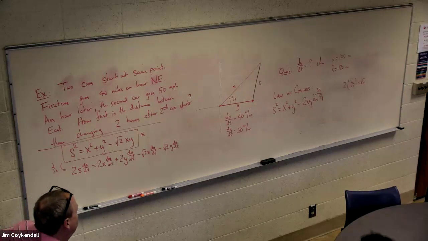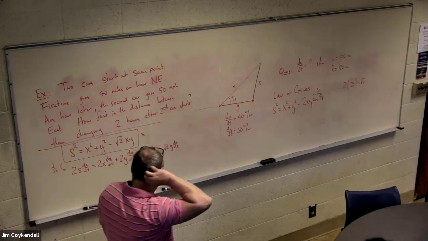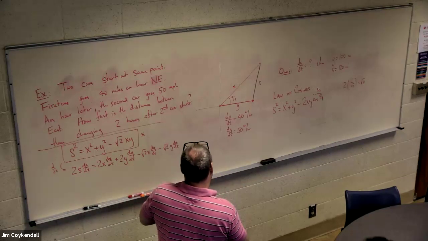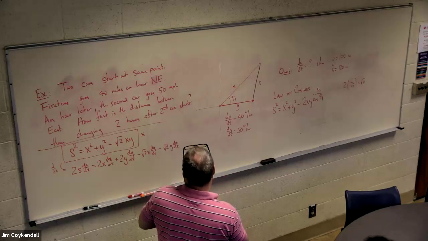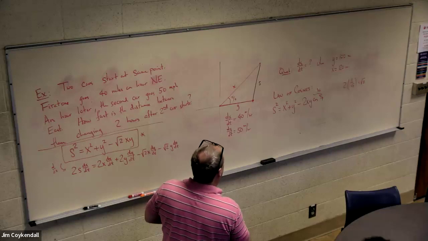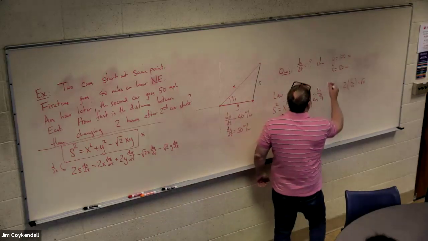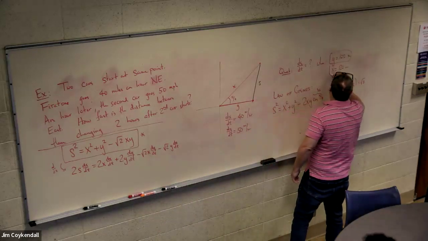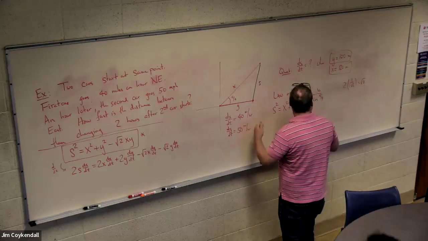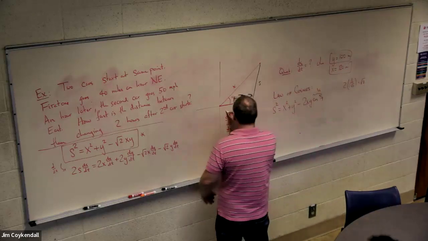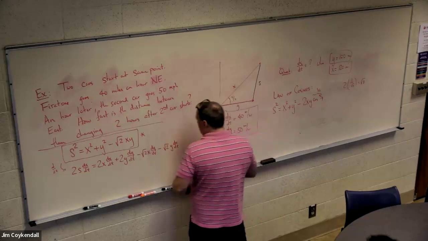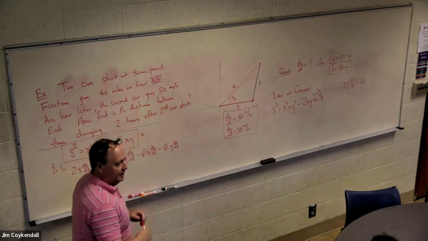Now, let me take a step back to assess here. So I've got the x and t, I've got the y and t, I've got x, I've got y, right? I've got these in place, no problem. But I'm missing something.